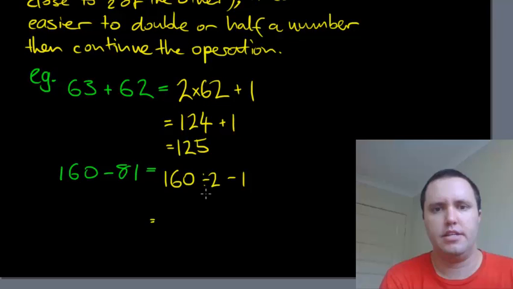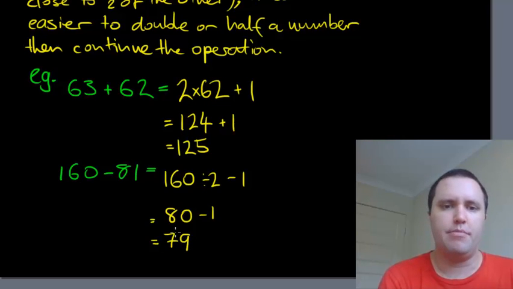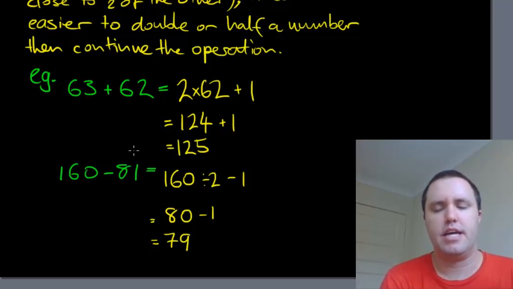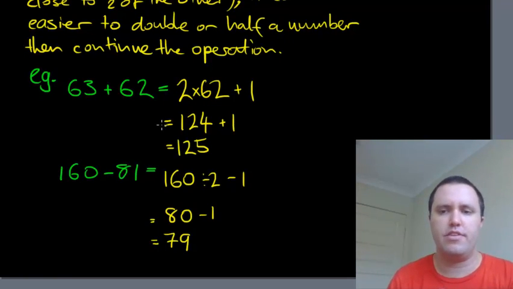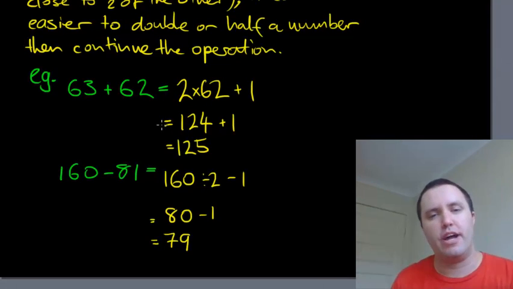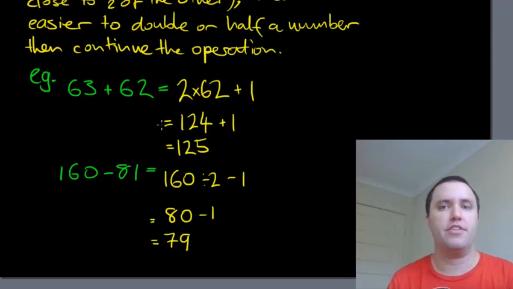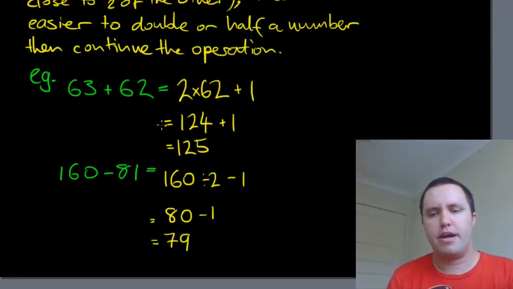So 160 divided by 2 is 80, minus 1 equals 79, which may or may not be easier than doing 160 minus 81 for you. So again, you don't have to use these different methods, that's just ways that you could do it if you found it easy this way, or you noticed quite quickly that you've got the double ups and that kind of thing. Okay, so have a practice at some of that sort of stuff.